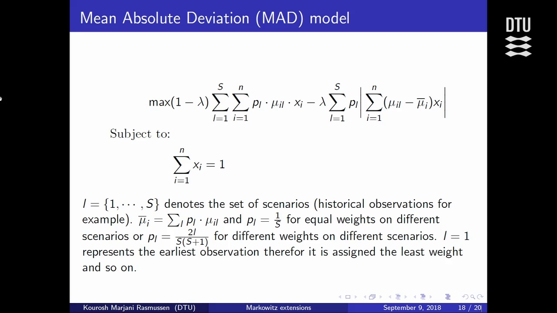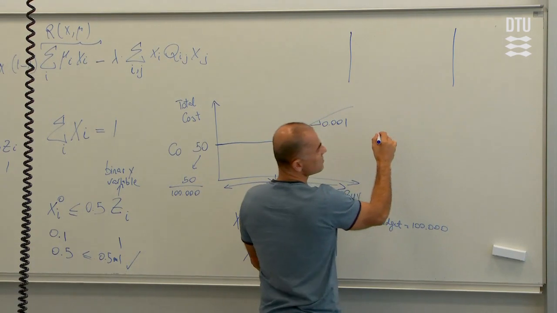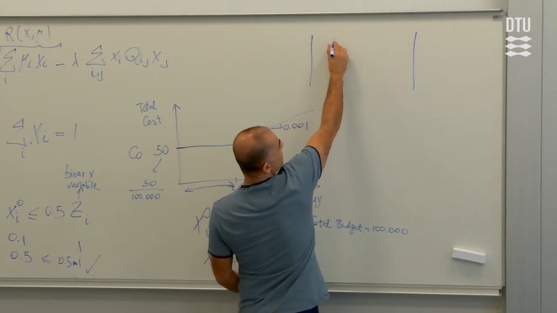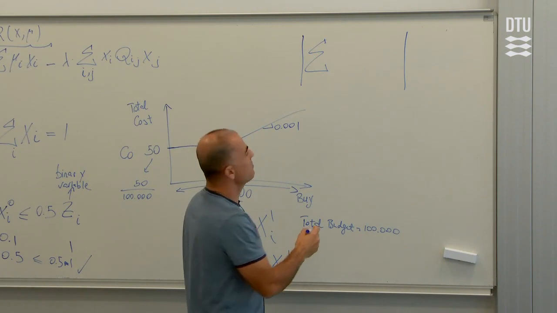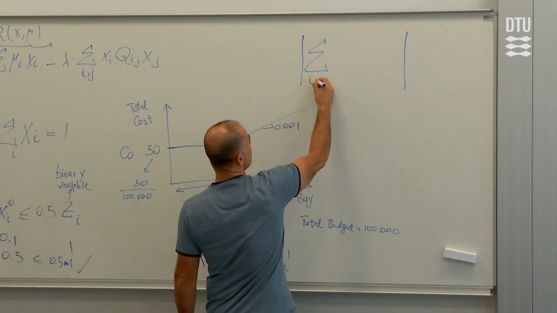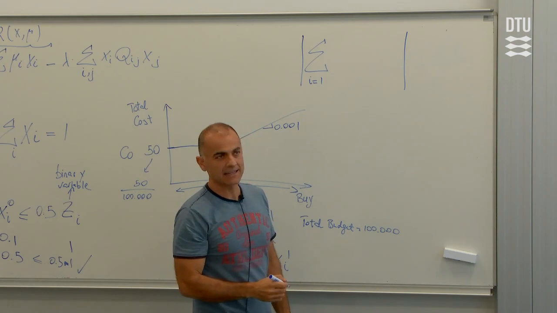So what you have there is mu i l, so I'll just write it here. You have these absolute signs here, and within them you have this sum, and it's important what this sum is summing over. It's summing over i's, which are the assets, right?